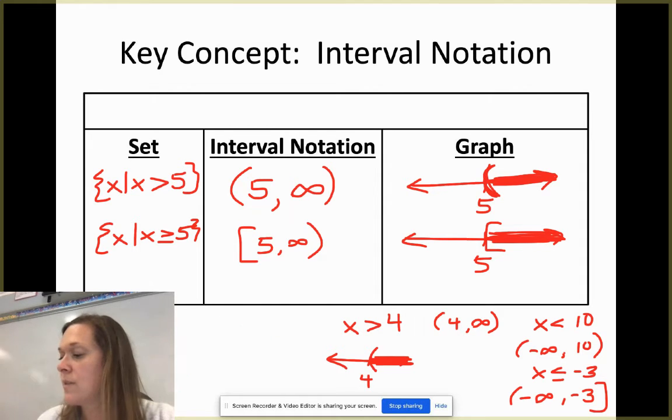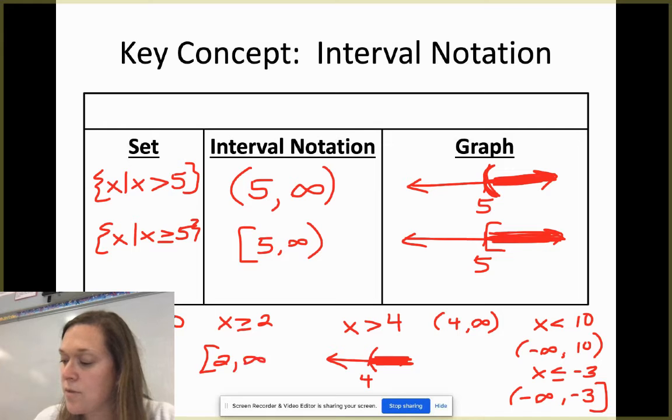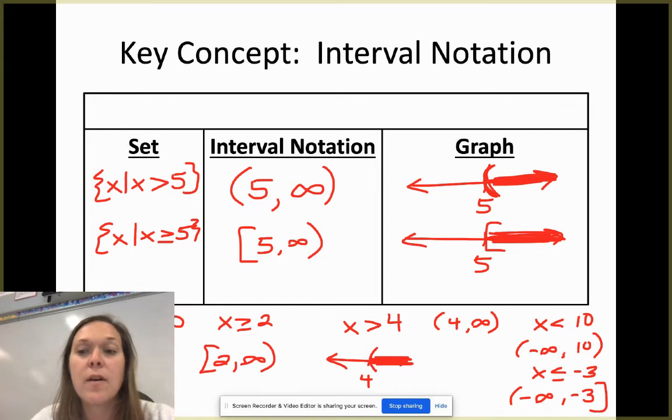Keep doing a few until it sinks into your brains. If we were doing x is greater than or equal to 20, then it would be bracket 20 to positive infinity. Or x is greater than or equal to 2, bracket 2 to positive infinity. Notice all the infinities have parentheses around them because we can never ever equal them.